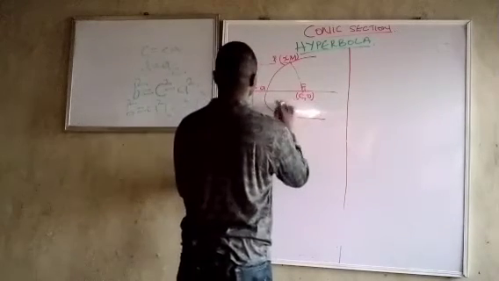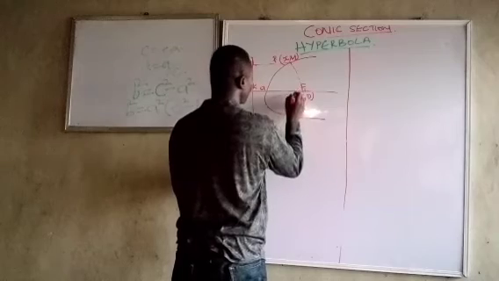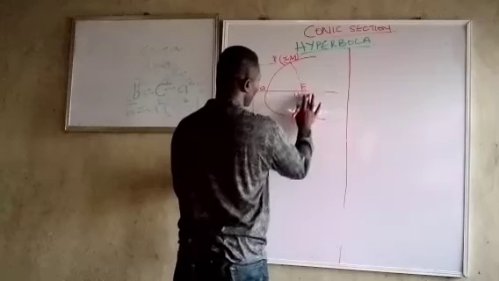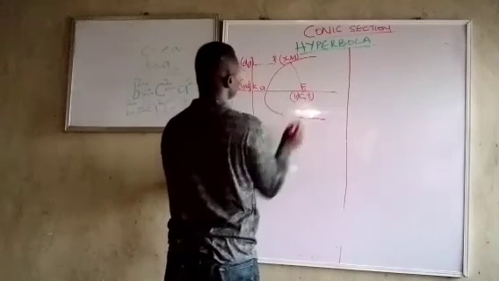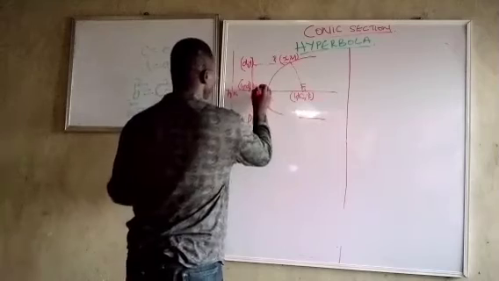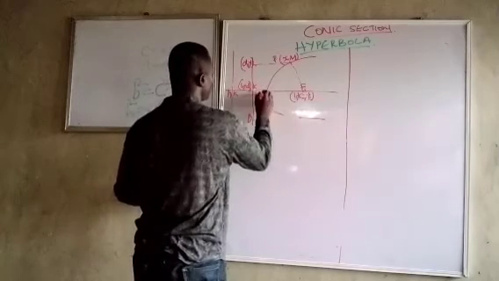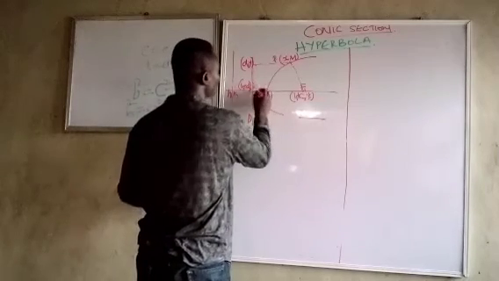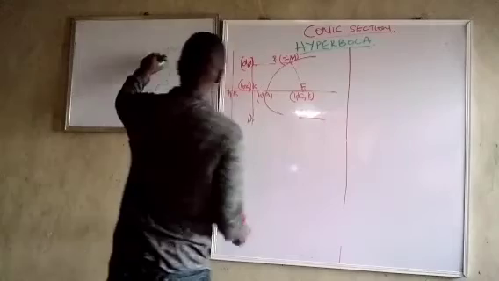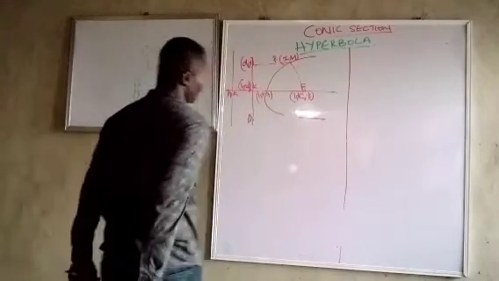This place will be (h plus c, k), and this place will be h plus a. We know what c is, we know what d is.